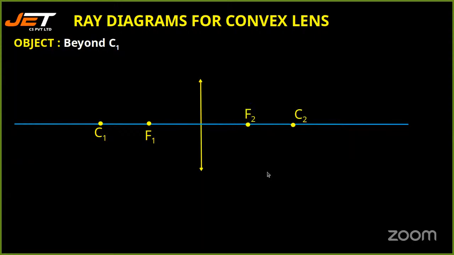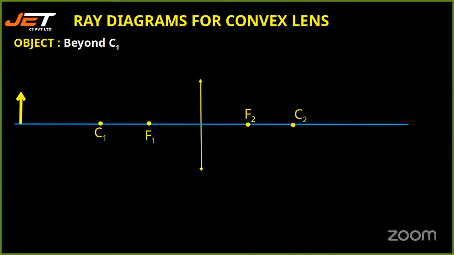If the object is beyond C1, we are talking about the position of the object, so we categorize our ray diagrams based on the position of the object. Until now the object was at infinity. Now it is closer, near the center of curvature C1.